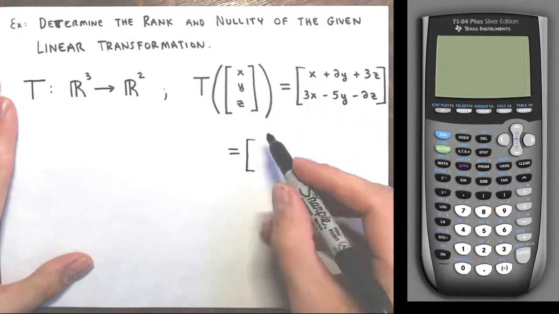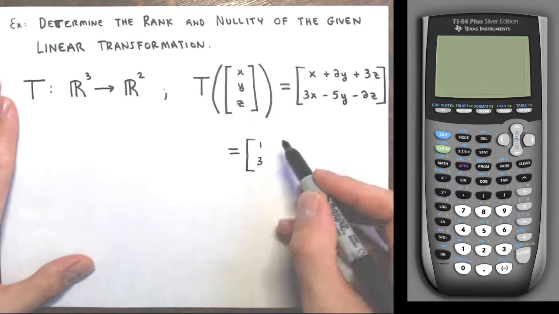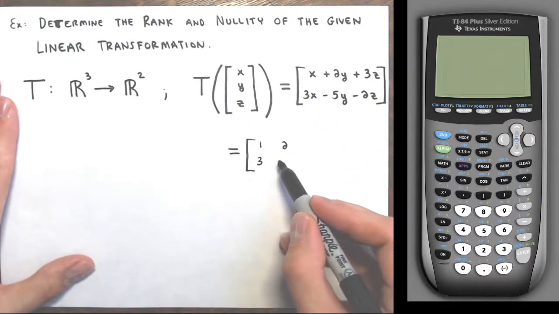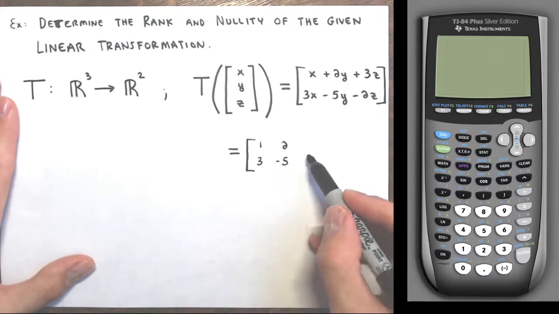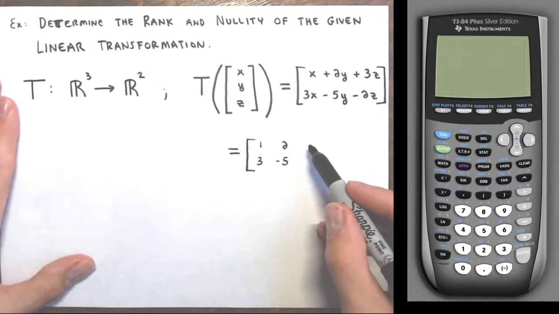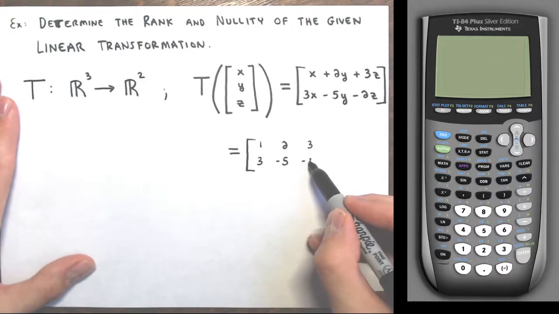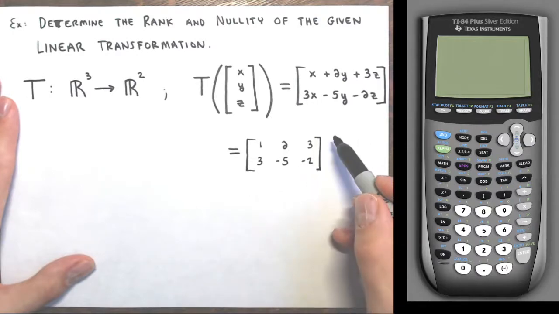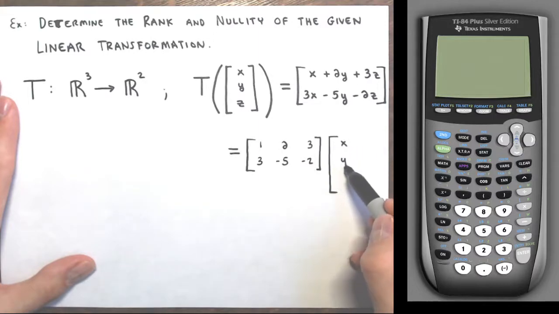Down the first column, just the coefficients of the first input variable x, so 1 and 3. Down the second column, the coefficients of the second input variable y, 2, then -5. And down the third column, the coefficients of the third input variable z, 3, then -2. So there's the standard matrix, and this is multiplied by the input vector (x, y, z) from R3.